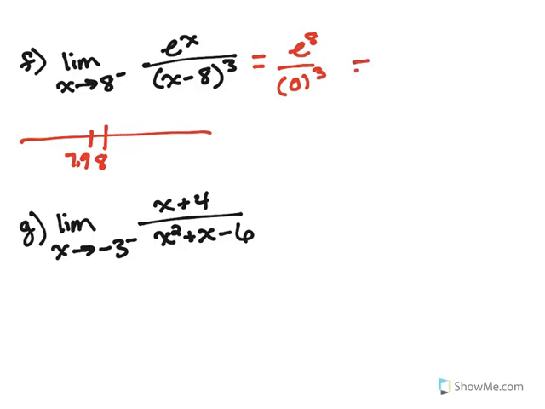My numerator is always going to be positive because e raised to any power is positive. E is a number. It's 2.71 something. I raise that to any power, I get a positive. If I plug 7.9 into the denominator, we're going to get a negative, and then we cube a negative, we still get a negative. So that one's going to negative infinity.